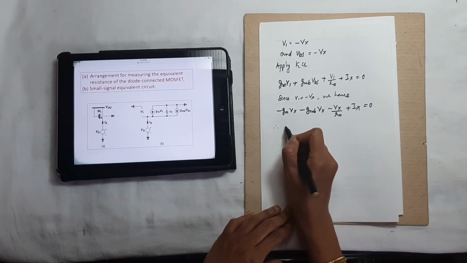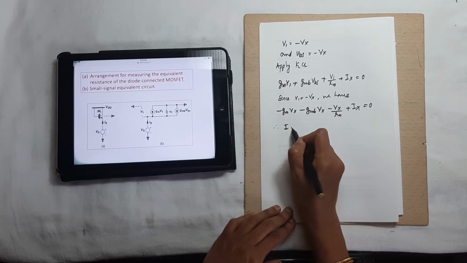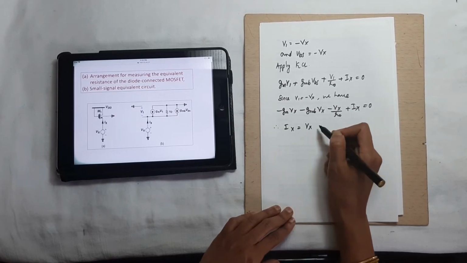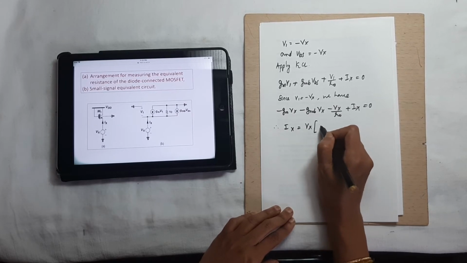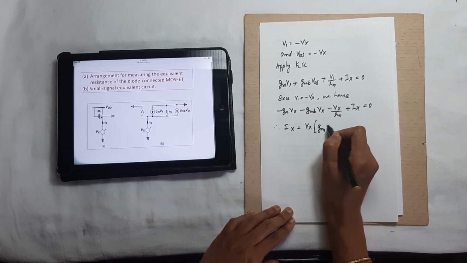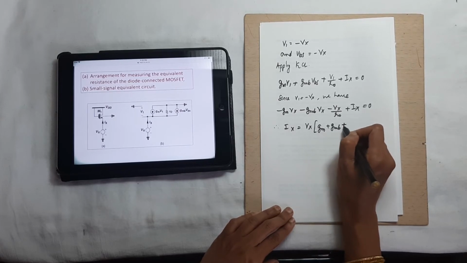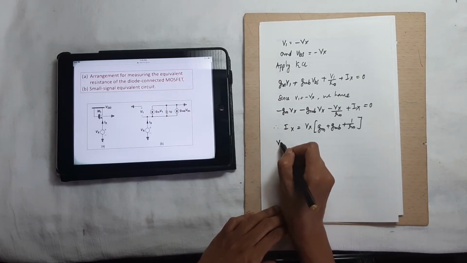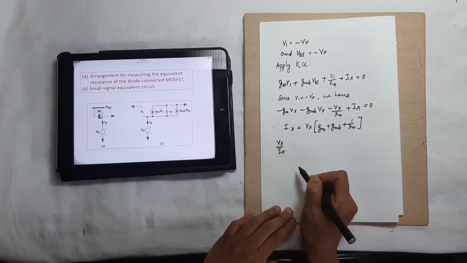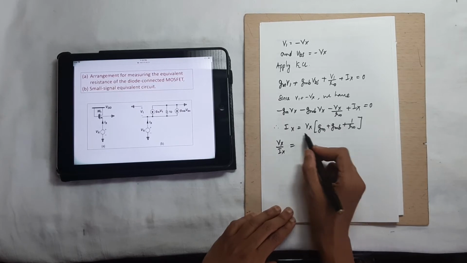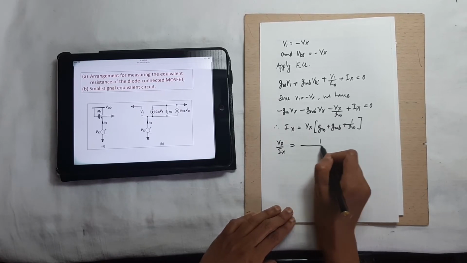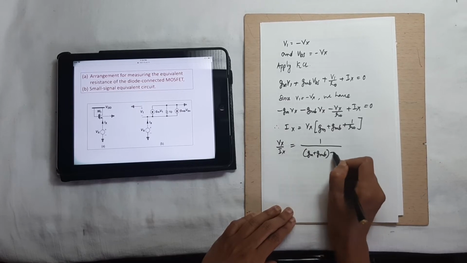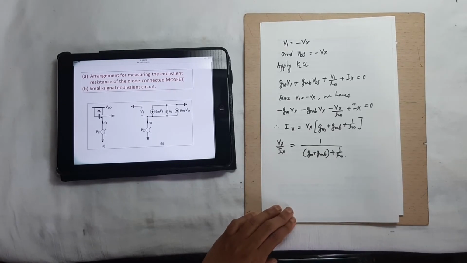Therefore, Ix is equal to, taking Vx common, Vx times (gm + gmb + 1/R0). We want the expression for Vx by Ix. This is 1 upon (gm + gmb + 1/R0).